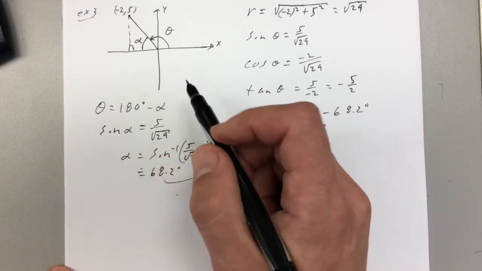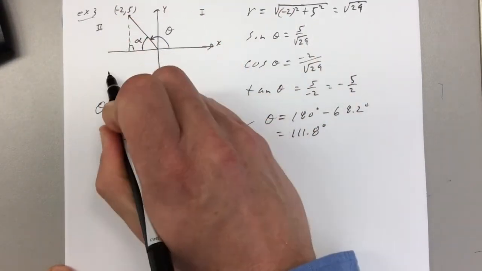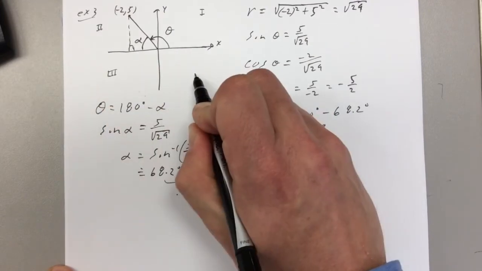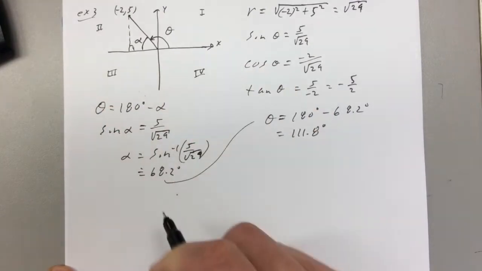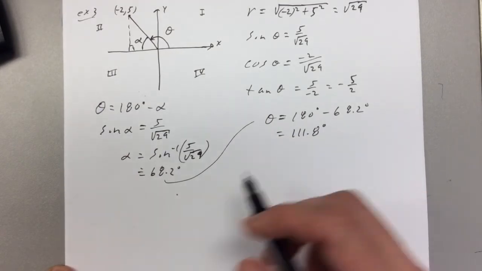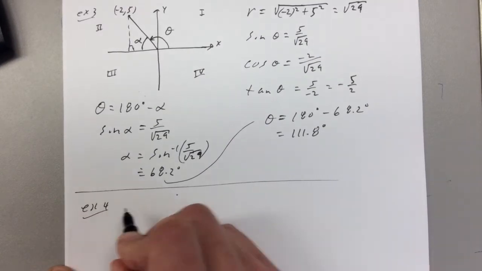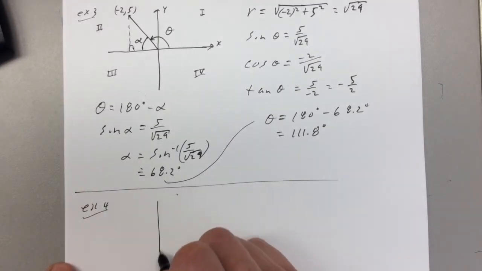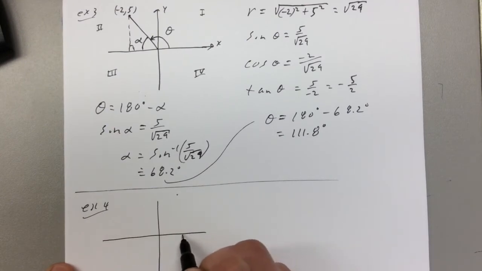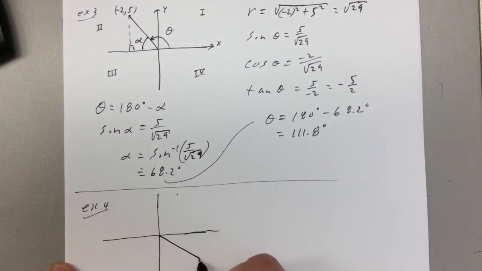So the way we define our quadrants is, this is quadrant 1, 2, 3, and 4. Okay. So let's let that be the terminal arm for this example.